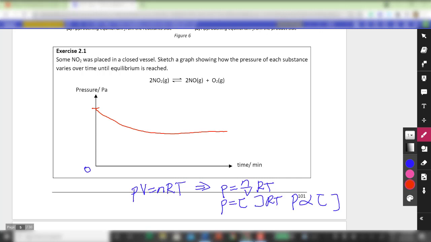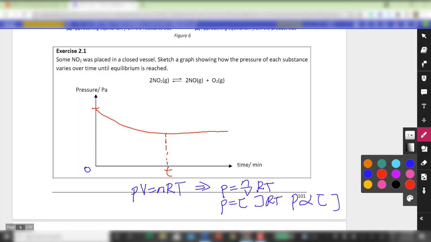I'm going to draw it like this. So let's say equilibrium is established over here. Sorry, it's difficult to draw a nice straight line. So this is time T, where equilibrium is established.